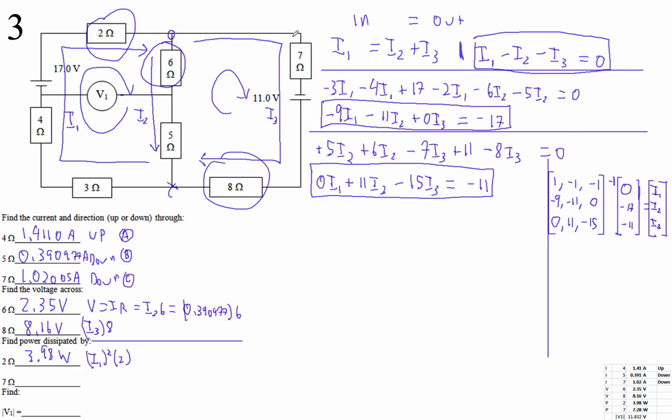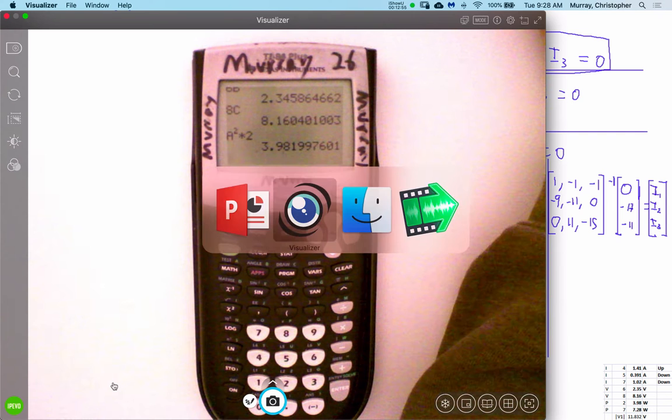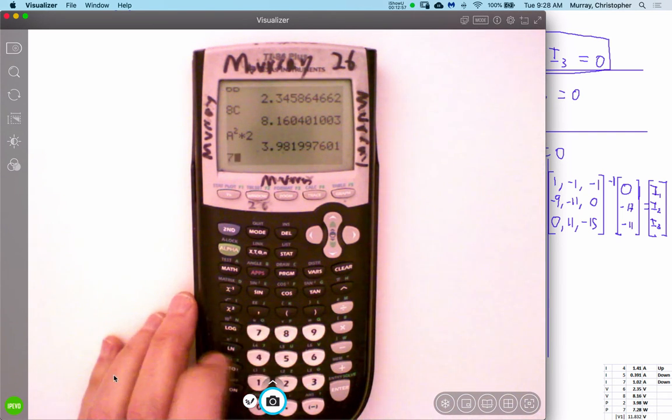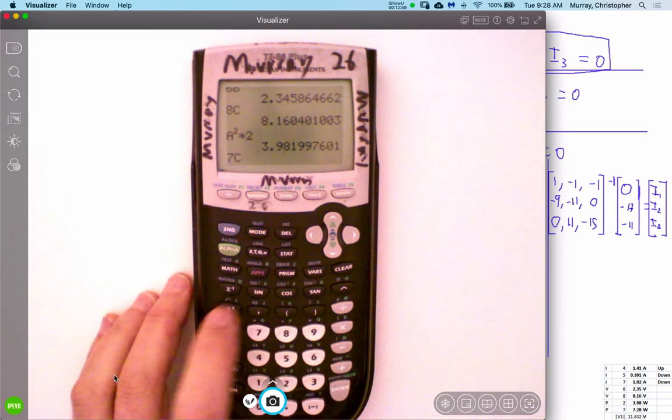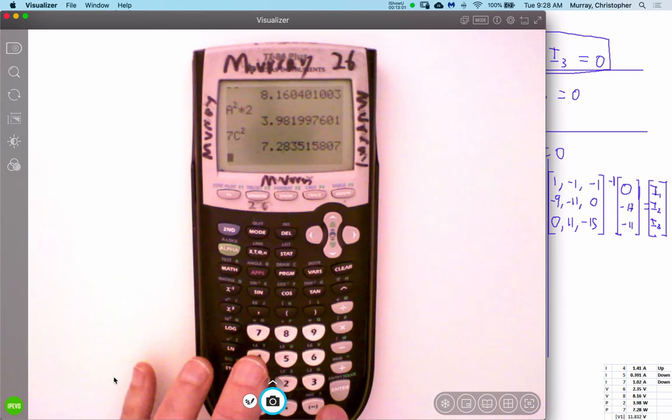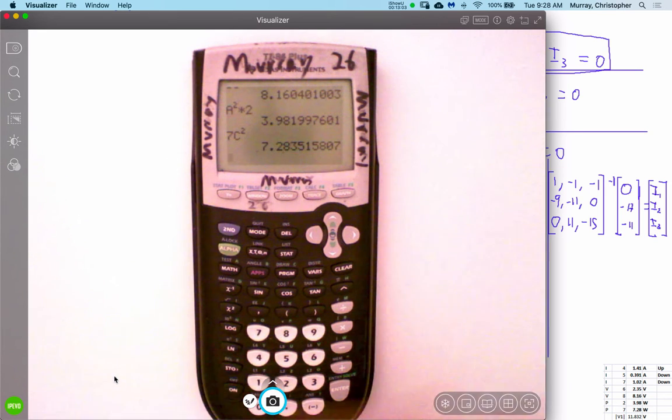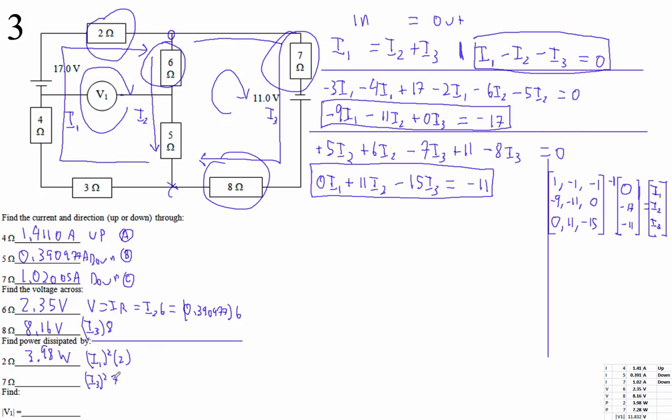Okay, where's the 7? 7's over here. So 7 is I3, so that's going to be I3 squared times 7, or 7C squared. That's .28 watts.